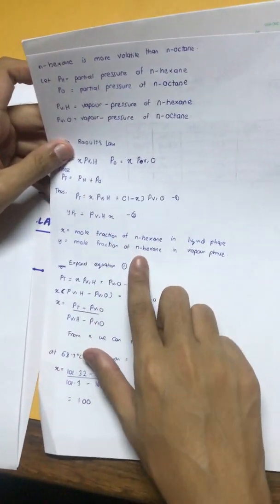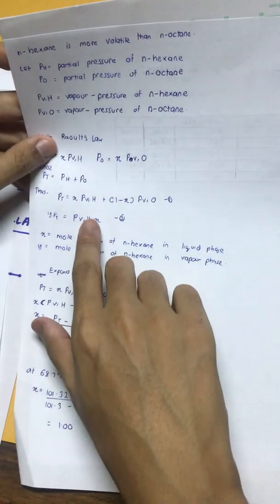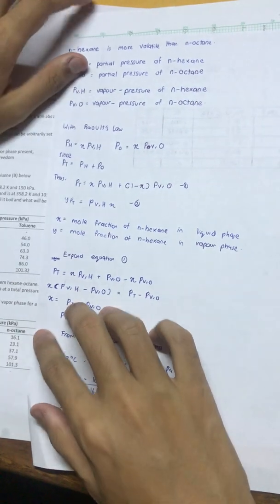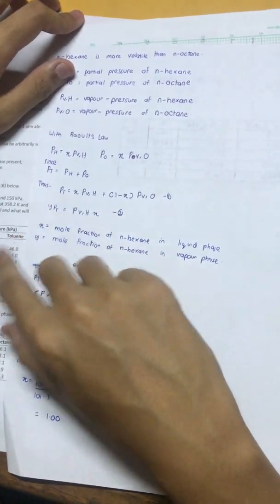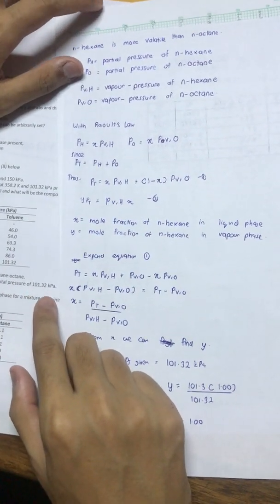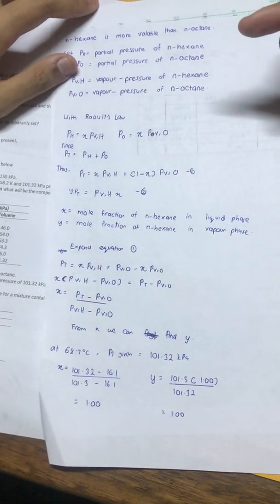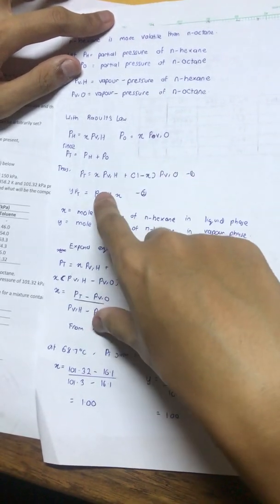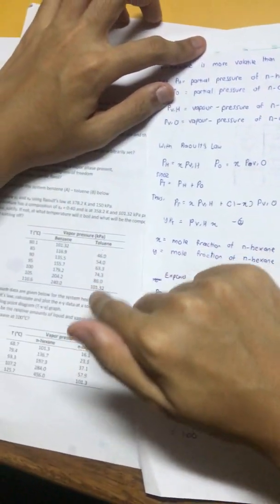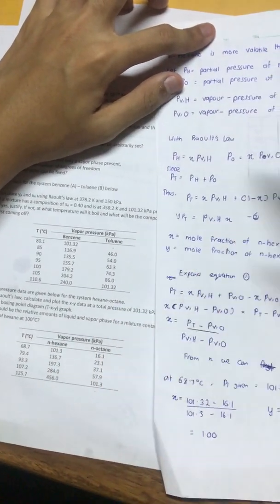We can find the value of X from the given question. It already gives us the total pressure, which is 101.32 kilopascal. It has also given us the vapor pressure for both substances, N-hexane and octane.